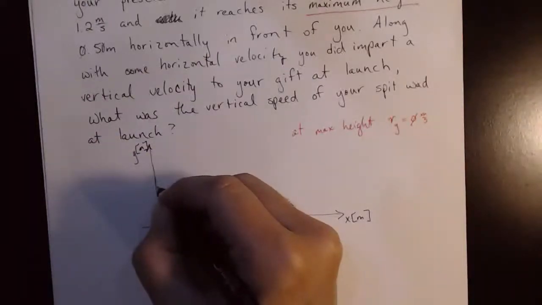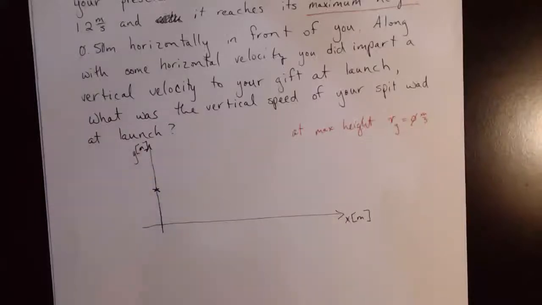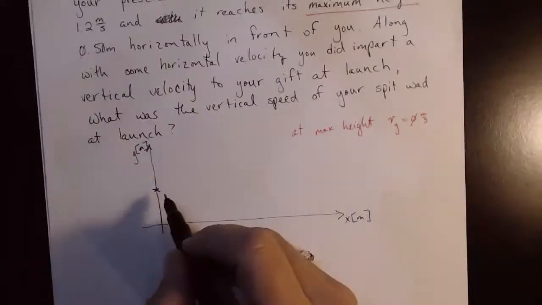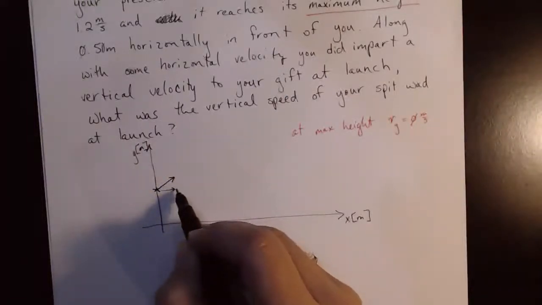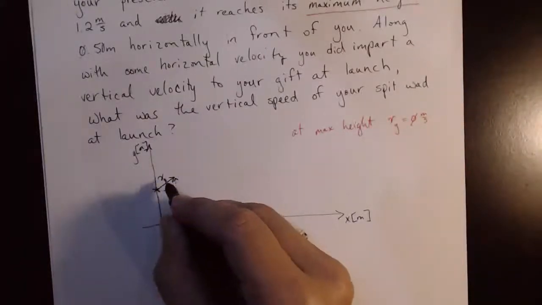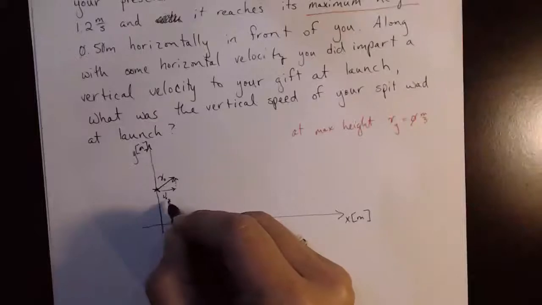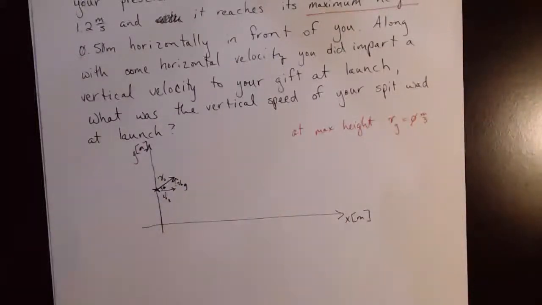So if my point of launch happens here, I know that the initial velocity had some upward as well as forward component. So my v initial is made of a v naught x and a v naught y, and there was some angle associated with it.